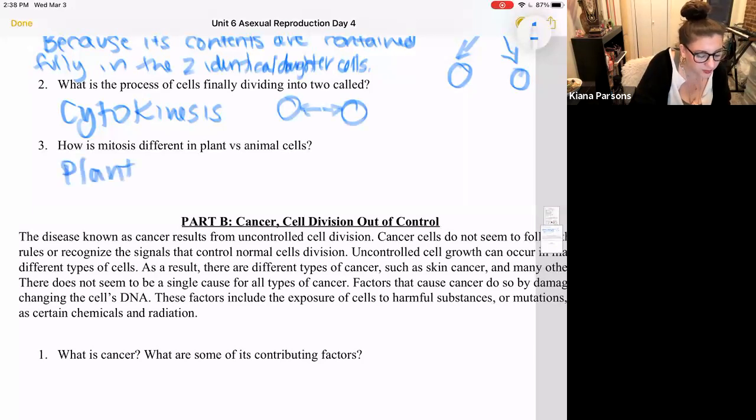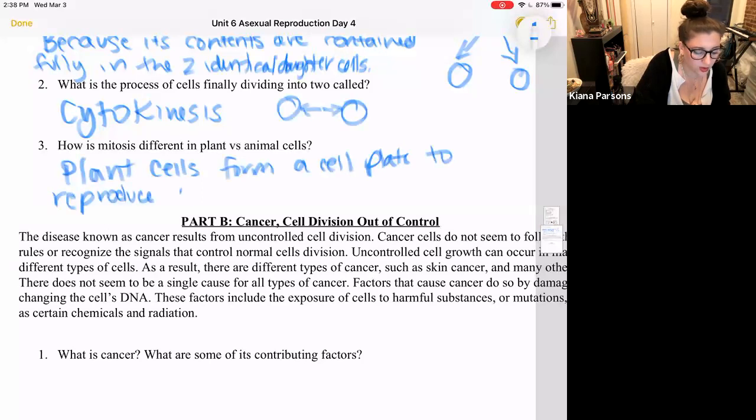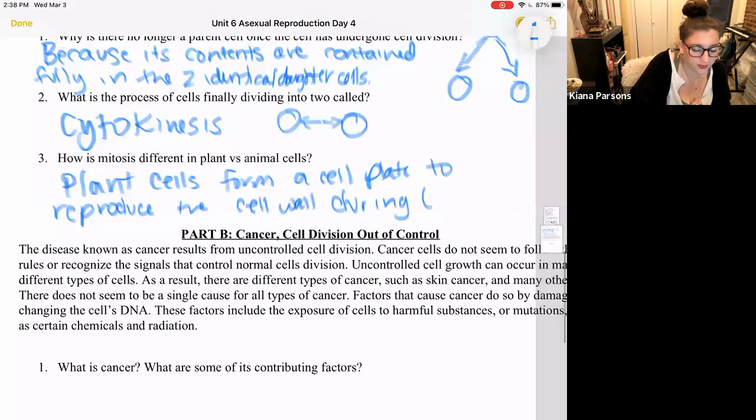Plant cells form a cell plate to reproduce the cell wall during telophase.